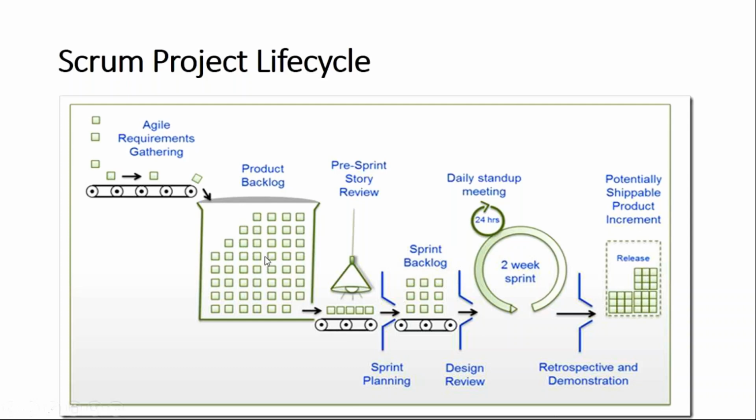From the product backlog, we take out a few items on the basis of the ranking, and we have a pre-sprint story review. That is the refinement, if any information is missing. Since we are talking about Jira, those will be in the backlog.